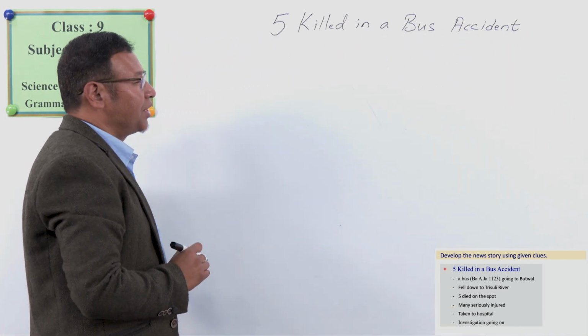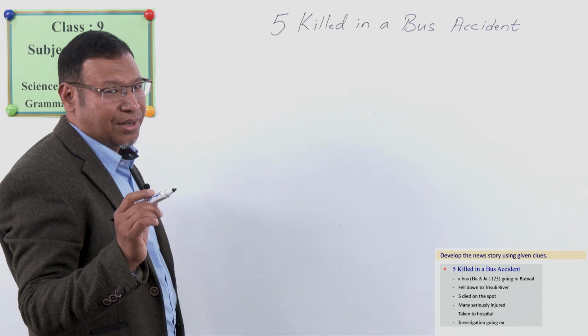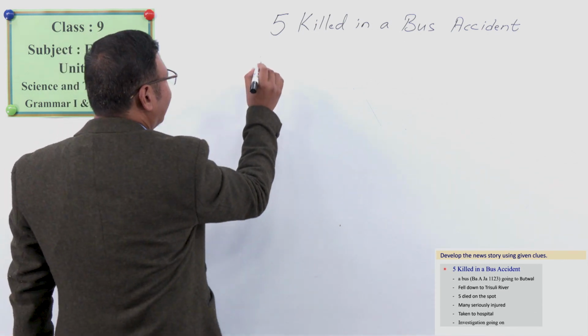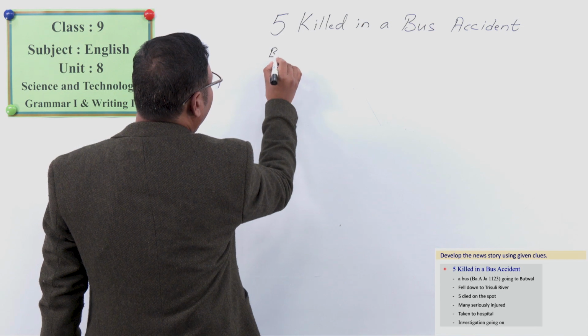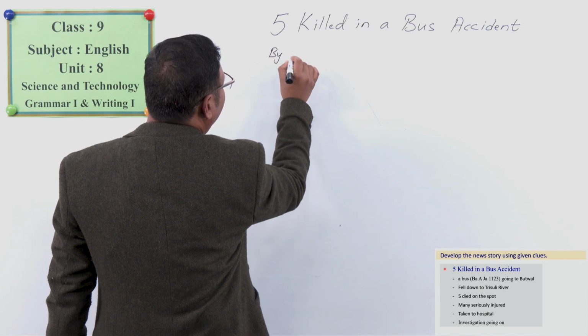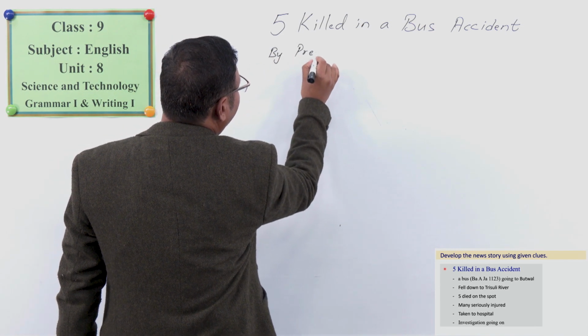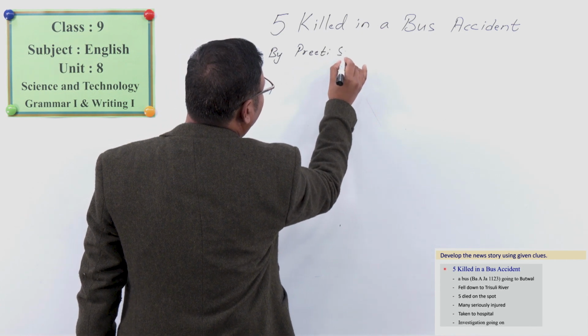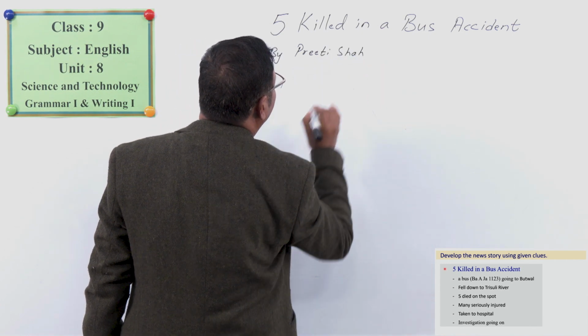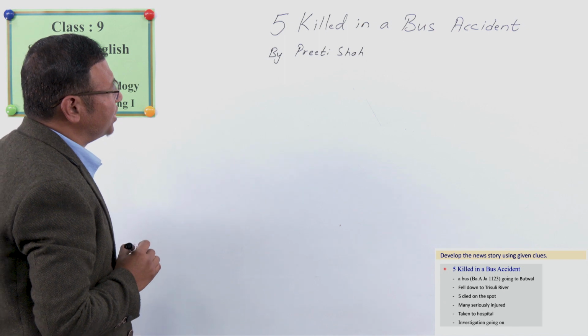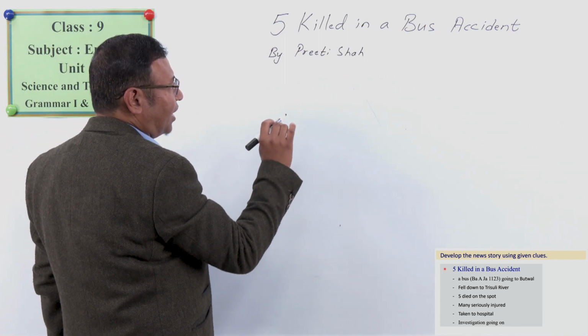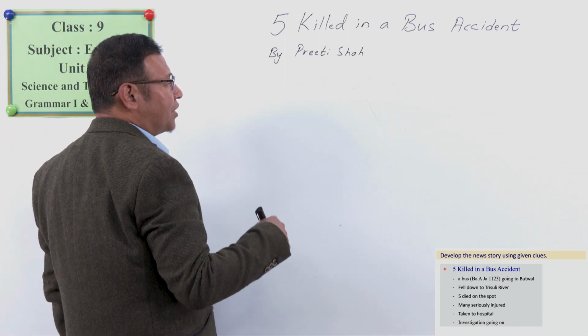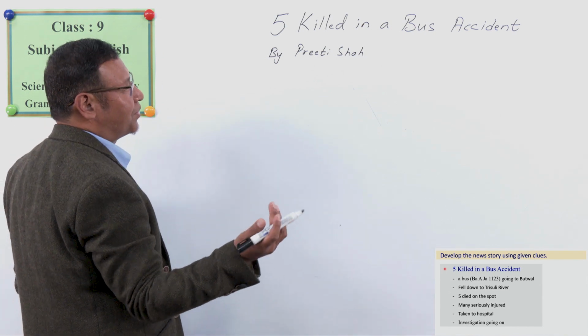So after the headline, we understand it should have the byline. Let's say this story is reported by Preeti Shah. All right, and she reported this story from, let's say, a place name. You can say the name of Pokhara, Kathmandu, different places.